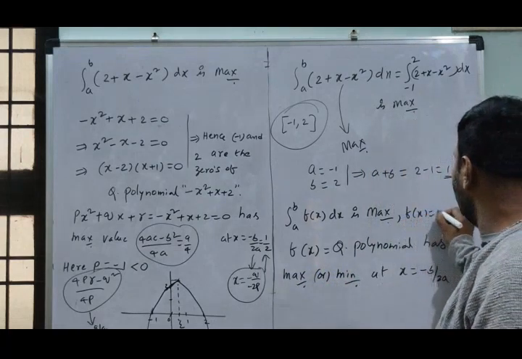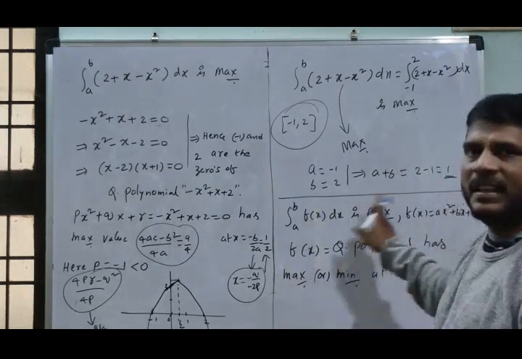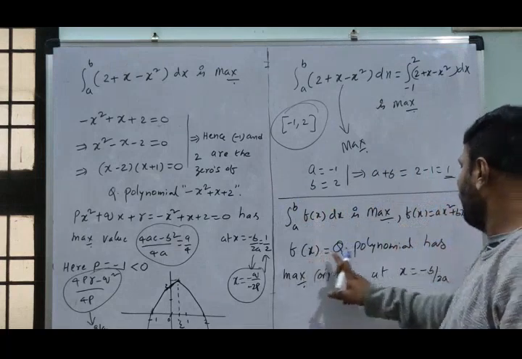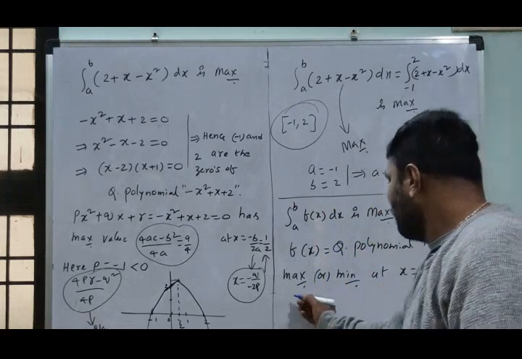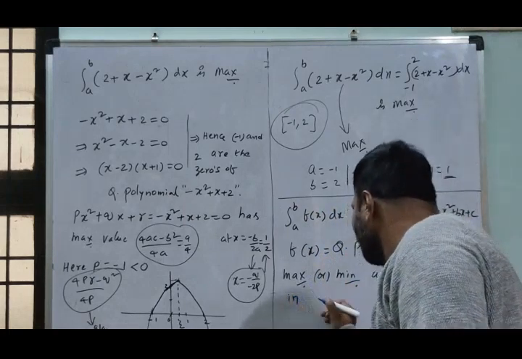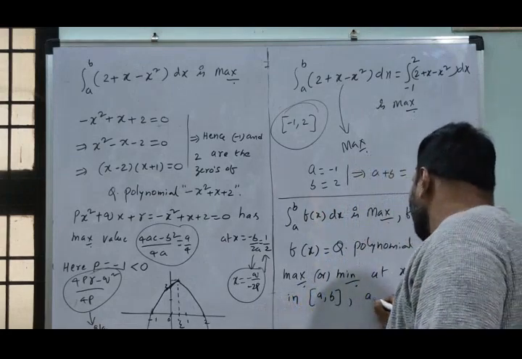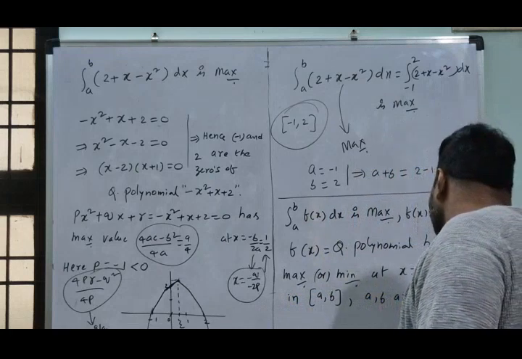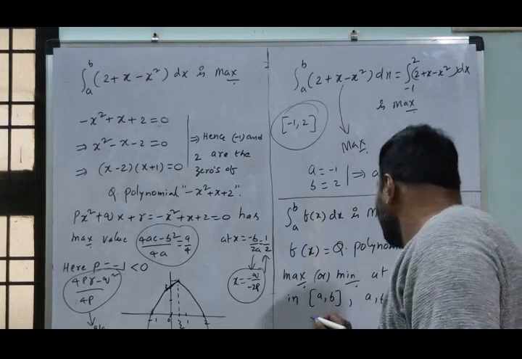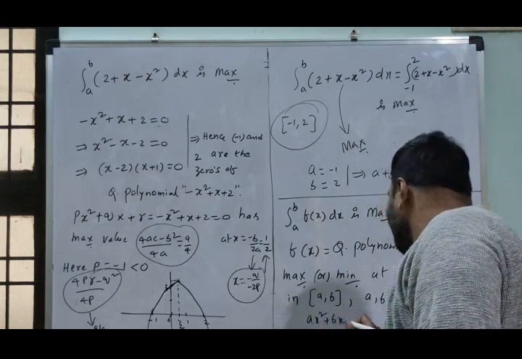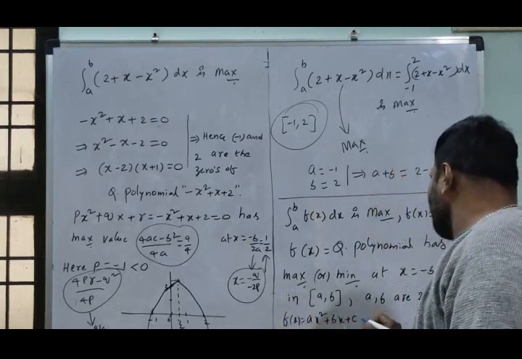If f of x is equal to ax square plus bx plus c, the quadratic polynomial has maximum or minimum at x equal to minus b by 2a, in the closed interval a comma b, where a and b are the two zeros of our function ax square plus bx plus c.